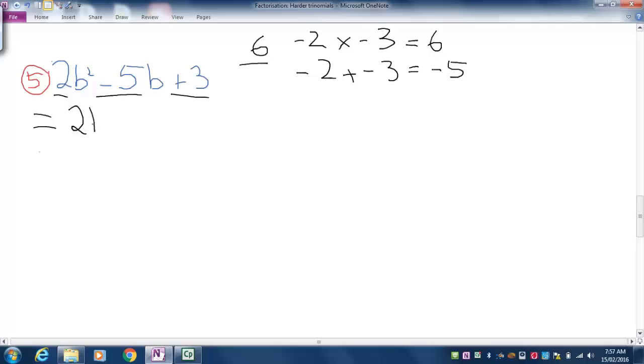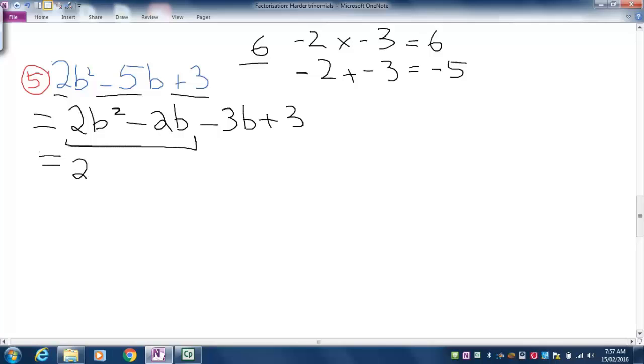So first of all we write down that 2b squared minus 2b minus 3b plus 3. Grouping in pairs, the highest common factor of 2b squared minus 2b is 2b. Then inside the brackets I write b minus 1.